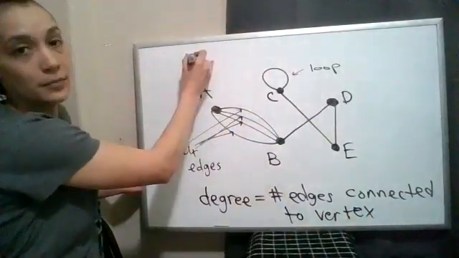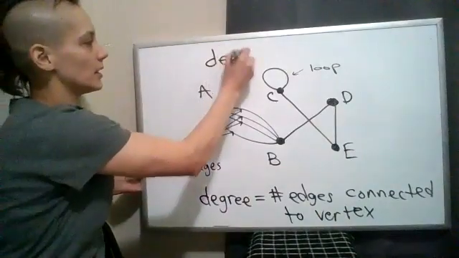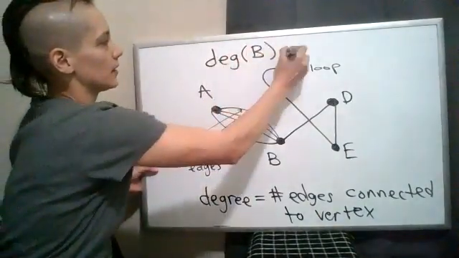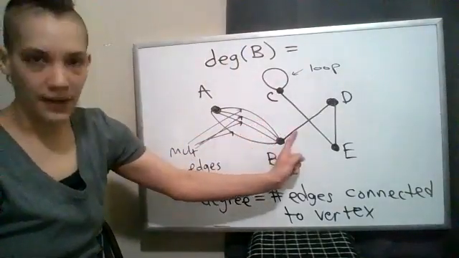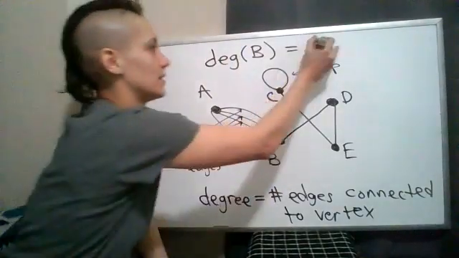So for the degree of B, we've got 1, 2, 3, 4, 5 edges.